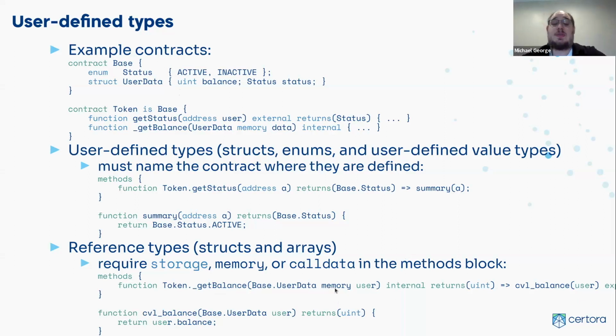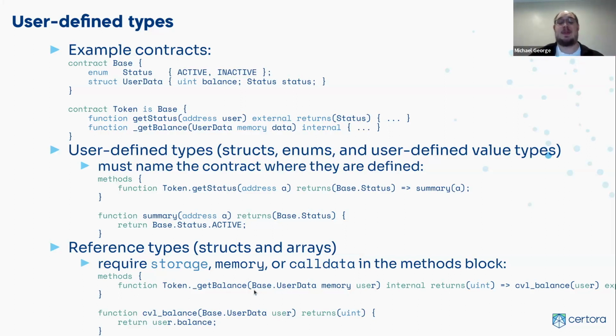This restriction is only true in the methods block entries. In CVL, we interpret types in the methods block entries a little bit differently than types everywhere else, because there are types that are only available in CVL, types that are only available in EVM. And so when you're writing a CVL function, for example, you don't specify the location for a reference type, because in CVL, there are no reference types.